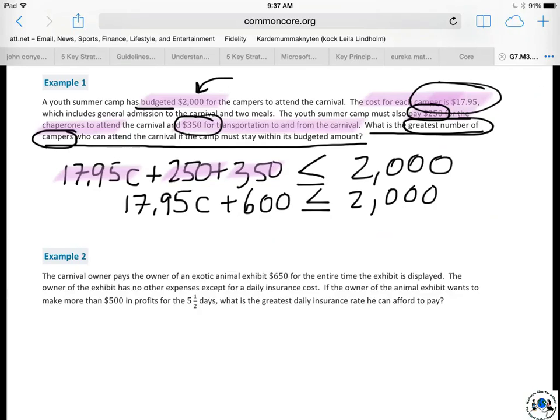So $17.95 per camper plus 250 plus 350 has to be less than or equal to 2,000, because that is our budget. If I simplify that by combining these two like terms, I come up with this final inequality to begin. Hopefully you have that as well, and go ahead and use that to solve the inequality.